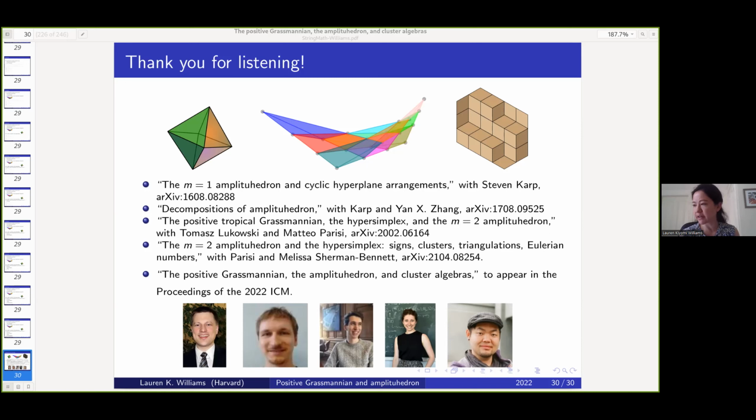I should say also there is a loop version of the amplituhedron, which is of interest in physics and has something to do with a certain partial flag variety. But in general, this has not been explored very much outside of the Grassmannian case.